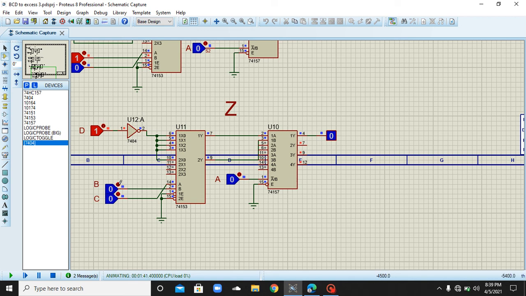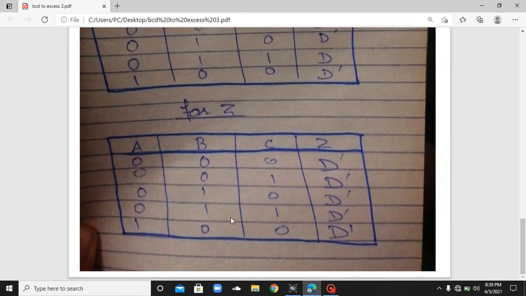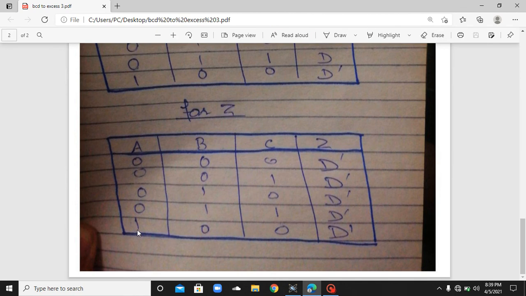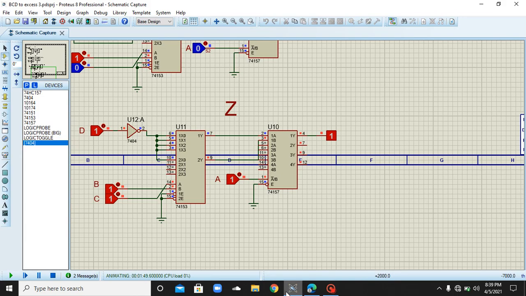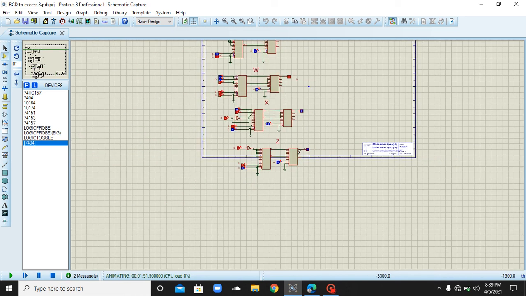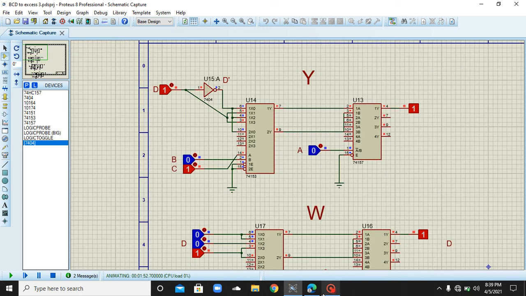And if A, B and C are at one state, this is a different scenario which is not in this truth table. For 1 0 0, the output is the complement of D. So this is how this circuitry basically works.